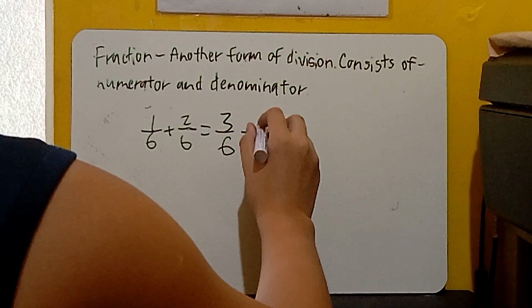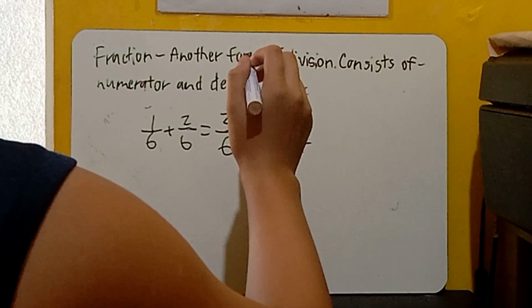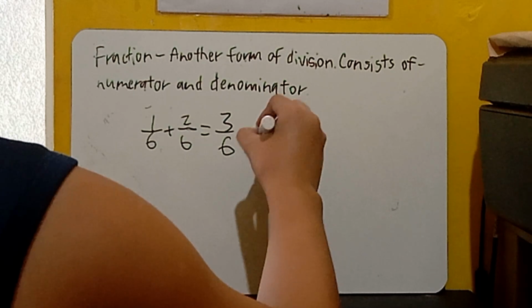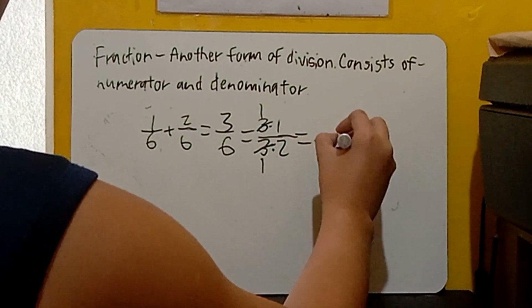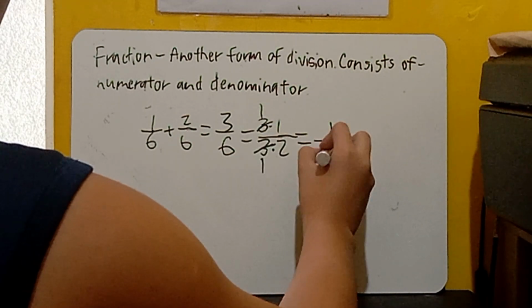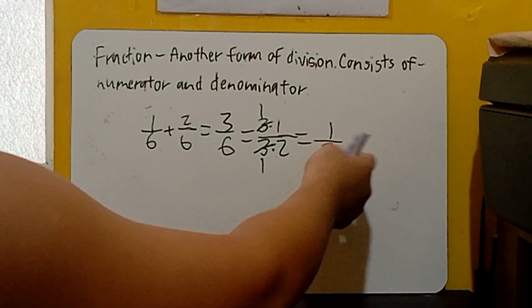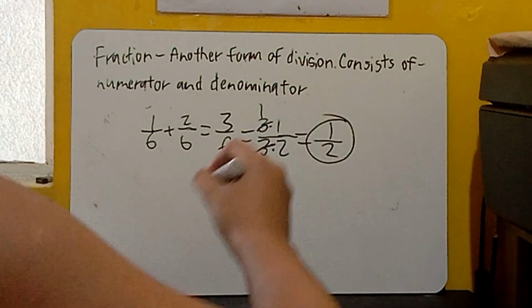So you see there's two 3's here. So we're going to cross them out, and they're both going to be 1. So 1 times 1 is equal to 1, 1 times 2 is equal to 2. So our answer here is 1/2.